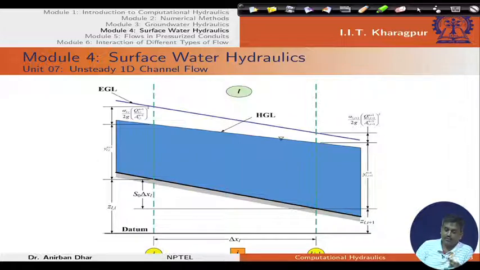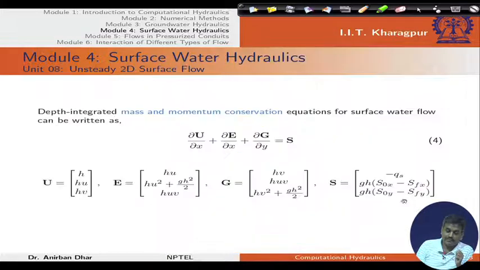We have solved that problem, and we have seen the variation of y, which is flow depth, and discharge at a particular section in a particular channel.